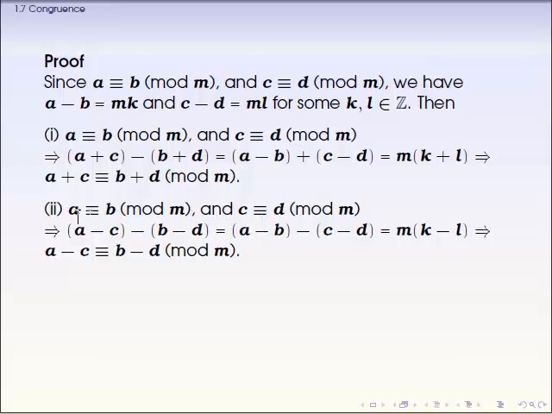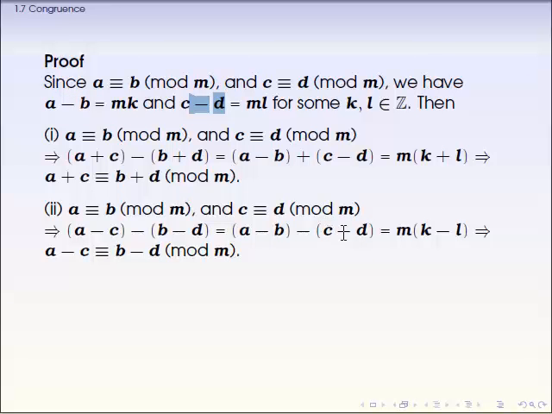Second, start with the same condition. Now we start with a minus c minus b minus d. After we arrange it, we have a minus b minus c minus d. Please check by yourself. And of course, a minus b and c minus d are multiples of m.